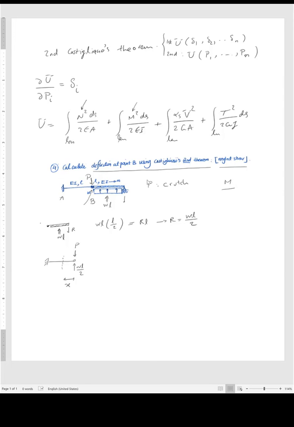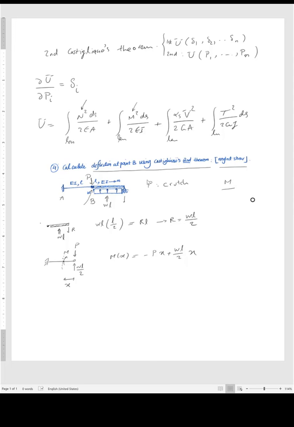If you cut here, a moment pops out. Now if you take the moment about the cut, you get M of x equals negative Px plus WL over 2 times x. Alright, now we can go ahead and write the energy for this segment of the beam.